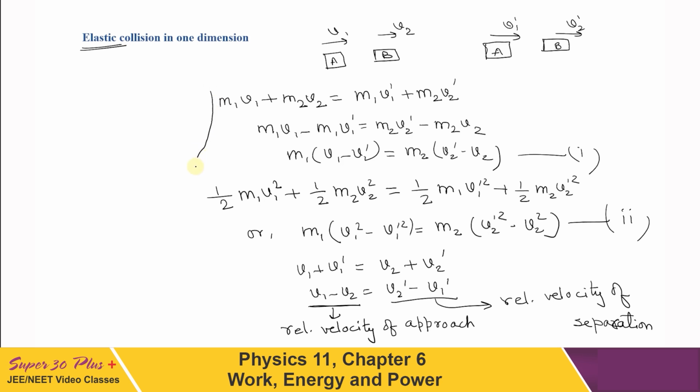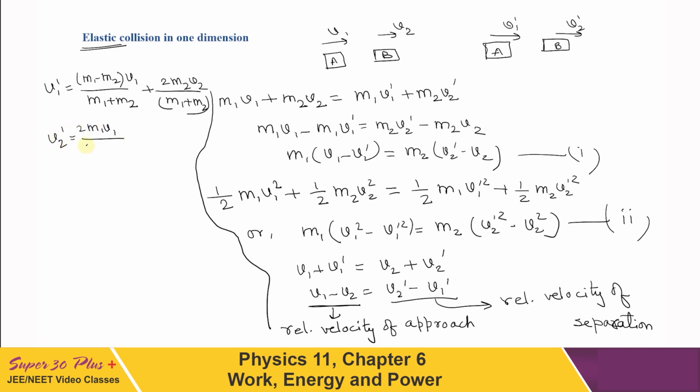Now if we solve it further, finally we will get v1 dash equal to (m1 minus m2) v1 upon (m1 plus m2) plus 2 m2 v2 upon (m1 plus m2), and v2 dash equal to 2 m1 v1 upon (m1 plus m2) minus (m1 minus m2) v2 upon (m1 plus m2). So these are the velocities we obtained after collision if collision is perfectly elastic and in one dimension.